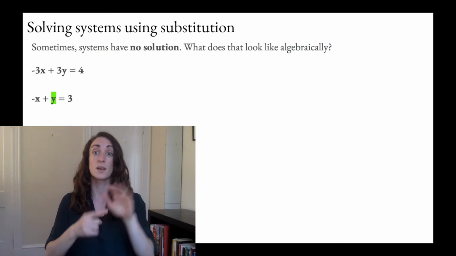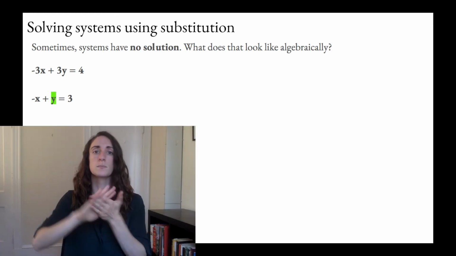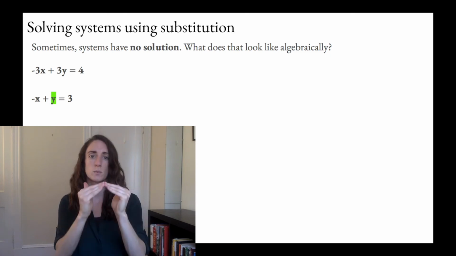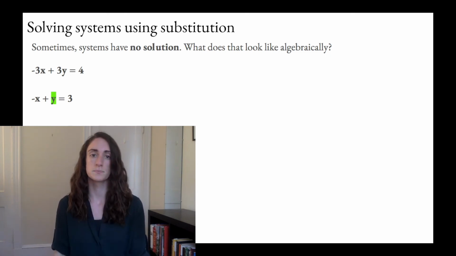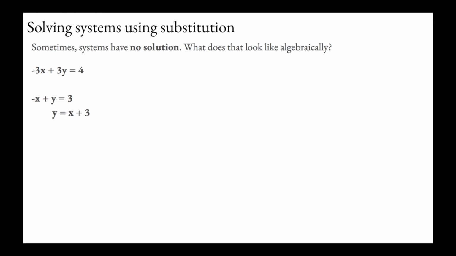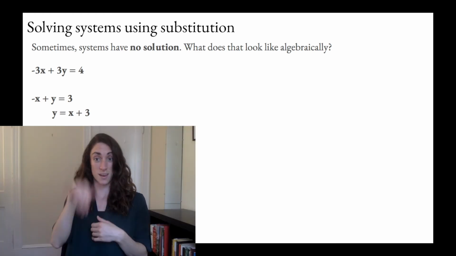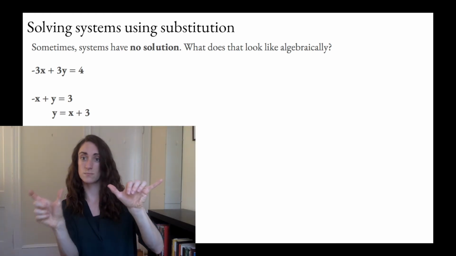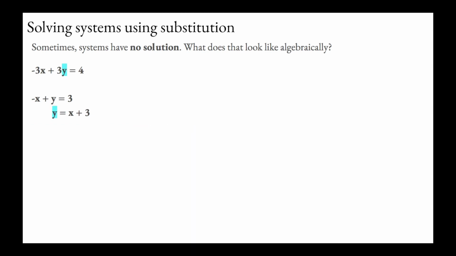So our next step is to get that y by itself on one side of the equation. So we can add x to both sides to make that happen. Now we've got y equals this expression x plus 3, so we can replace y in the first equation with x plus 3.